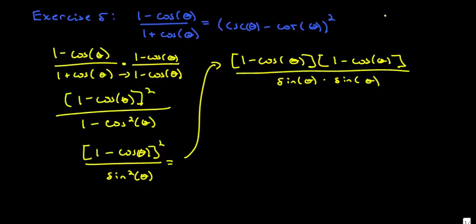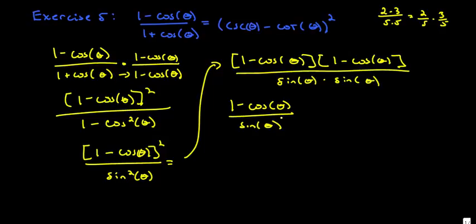If you've got 2 times 3 over 5 times 5, you can write that as 2 over 5 times 3 over 5. I can split it like that. So I'm going to write 1 minus cosine theta over sine theta times 1 minus cosine theta over sine theta.